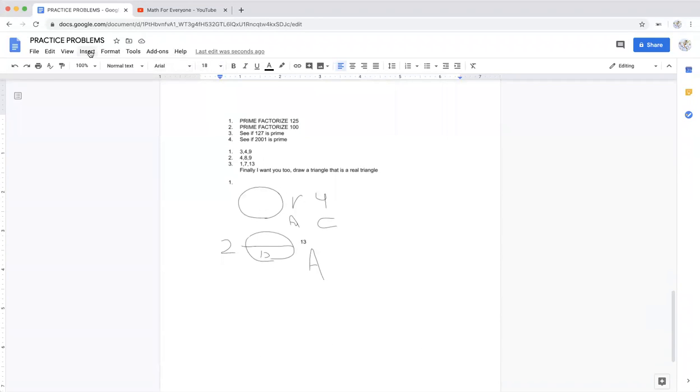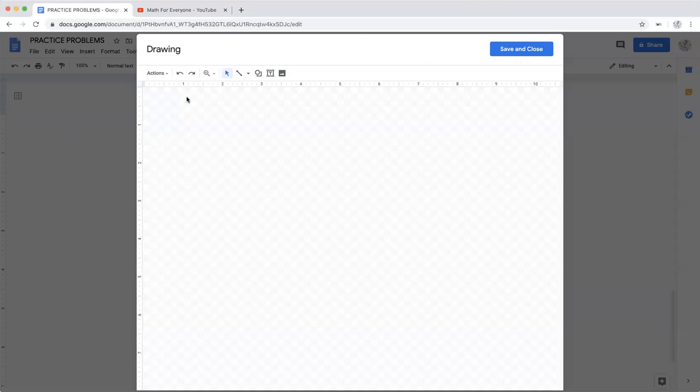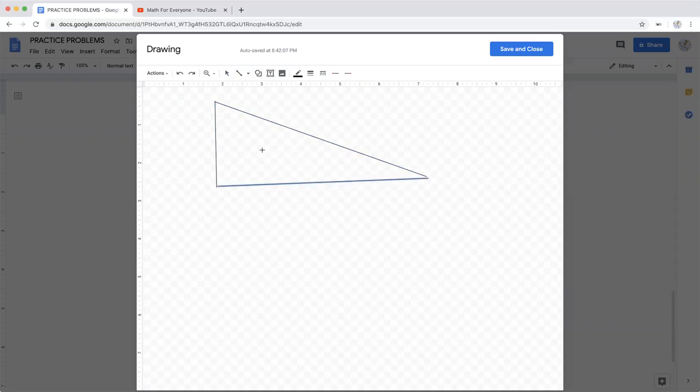Okay, and let me add one more drawing. So now I want you to do a problem. I'm just going to give you one problem on the Pythagorean theorem. I'll give you a triangle, and I'll give you some lengths: 12, 16, and you have to find C. And one more.